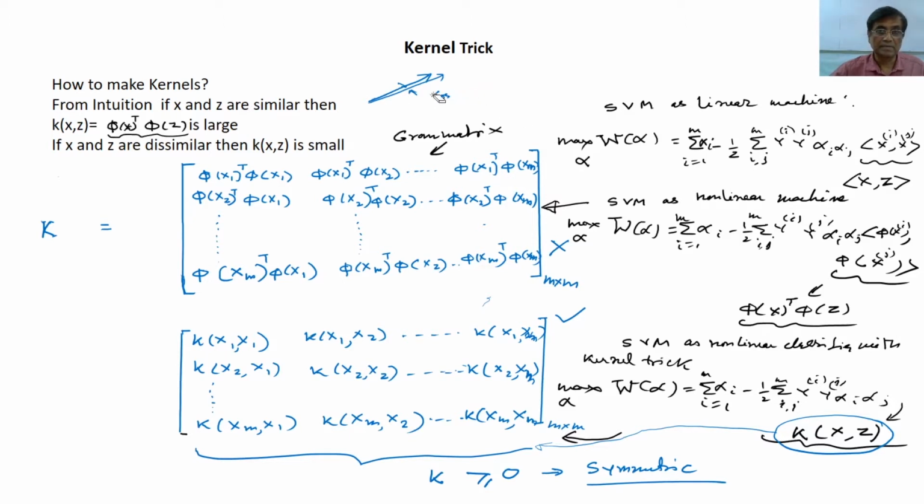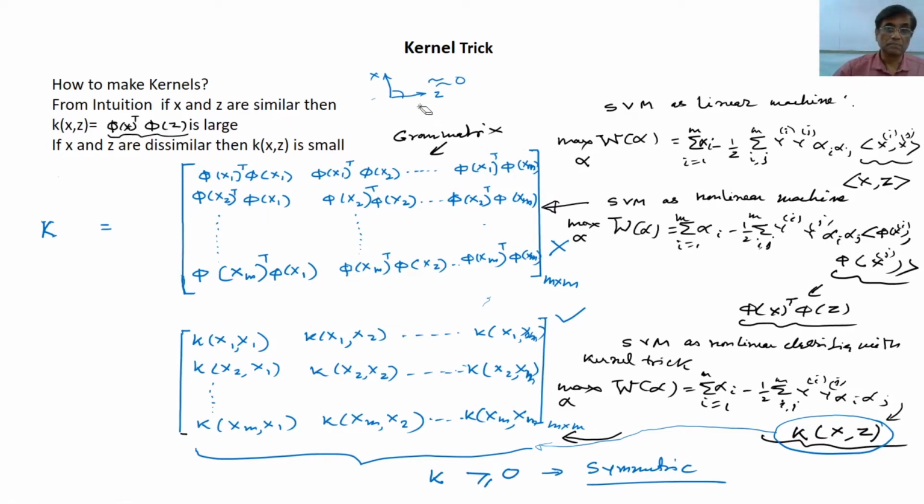And if x and z are dissimilar, say this is your x and this is your z, then the dot product between them will be tending towards 0.